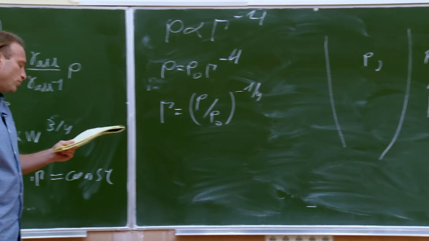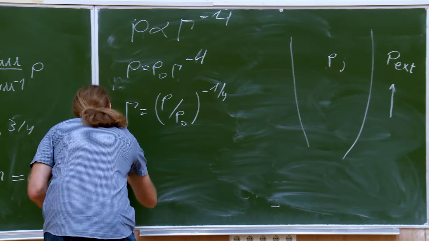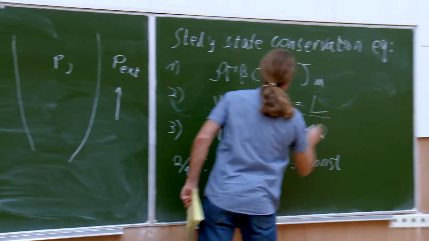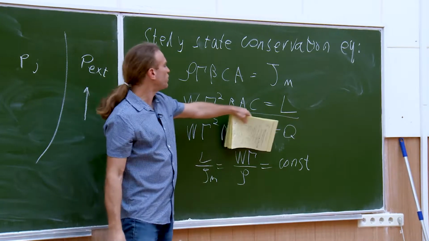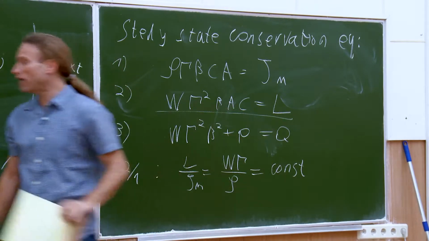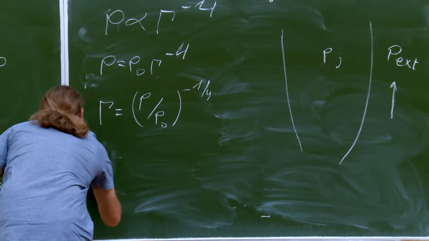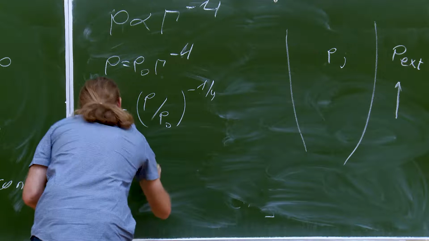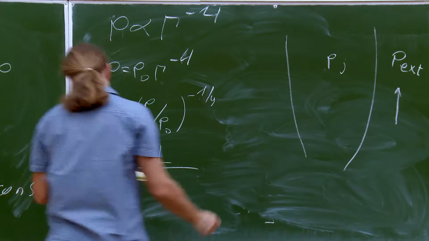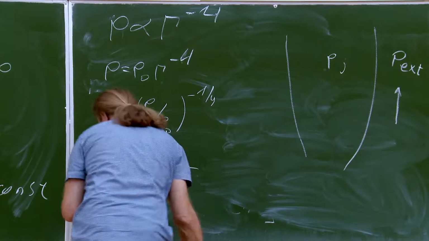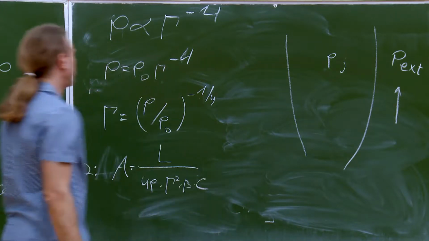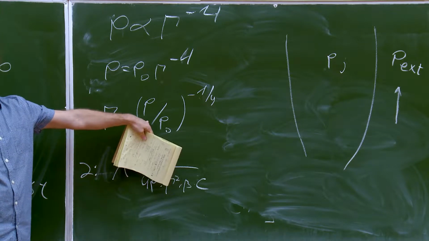So in order to get that, I'm using equation 2, A times L, remind you, and I will try to get some constraint on how A behaves as a function of P. So I'm writing from equation 2, I take out A, which is equal to L divided by 4P, which is W, times gamma square, times beta, times C.